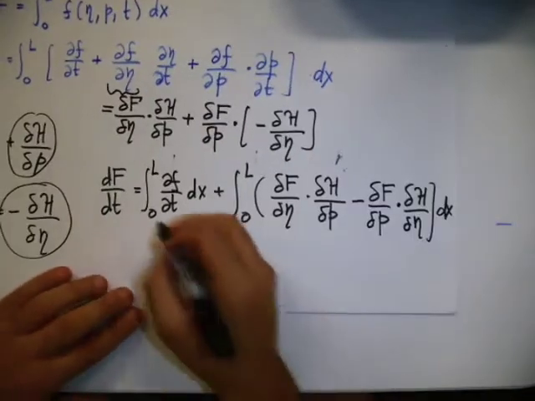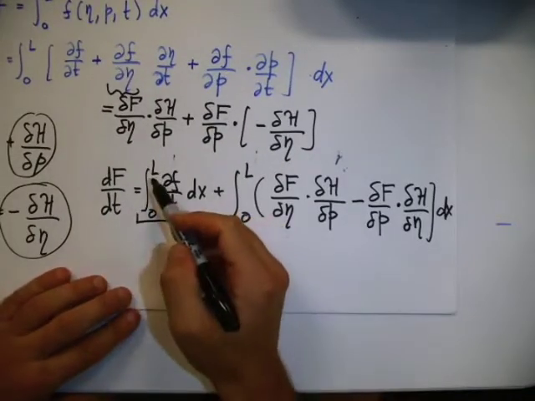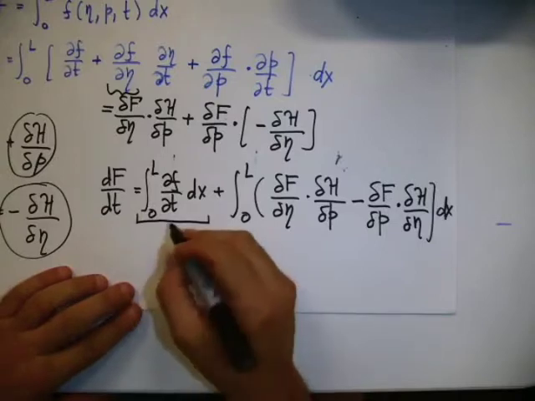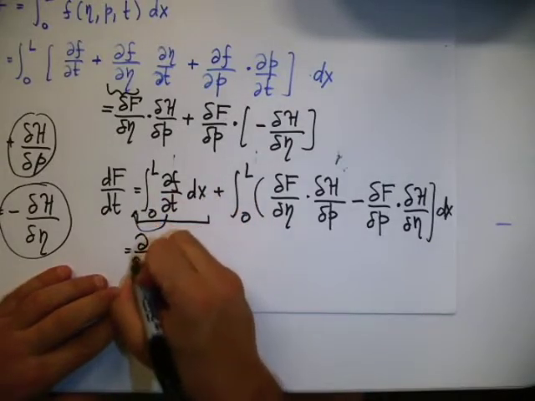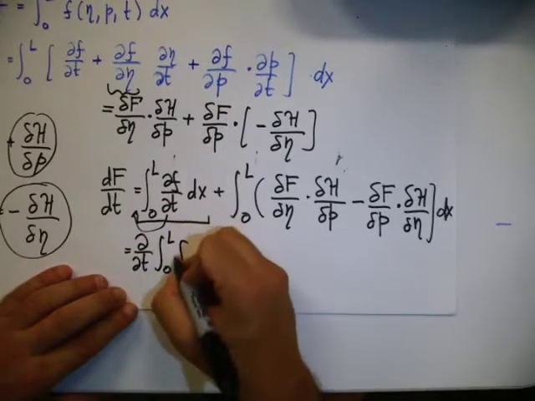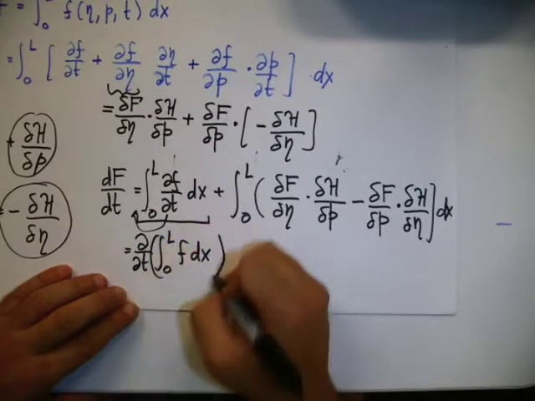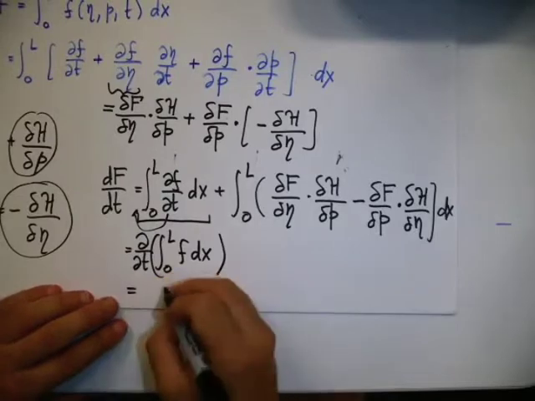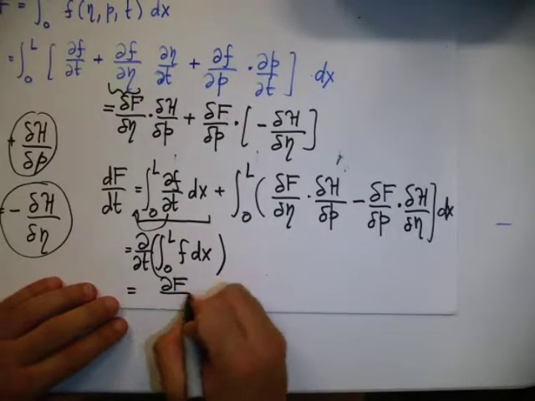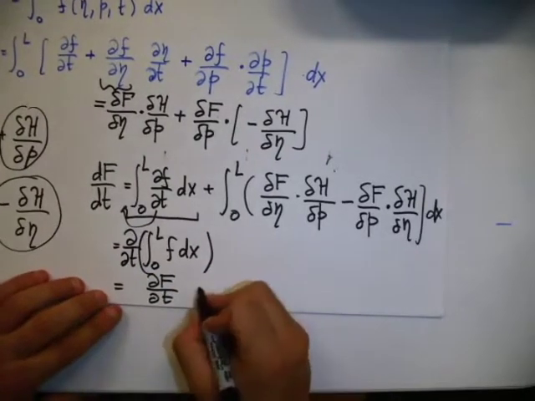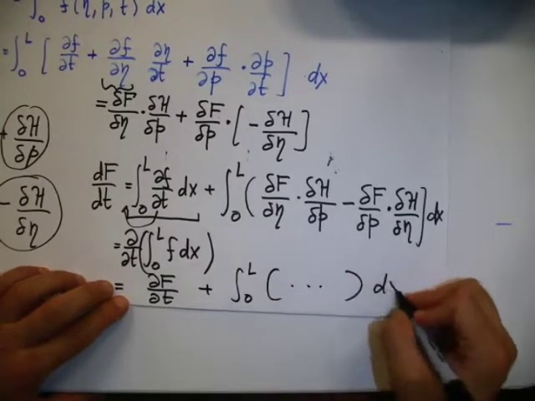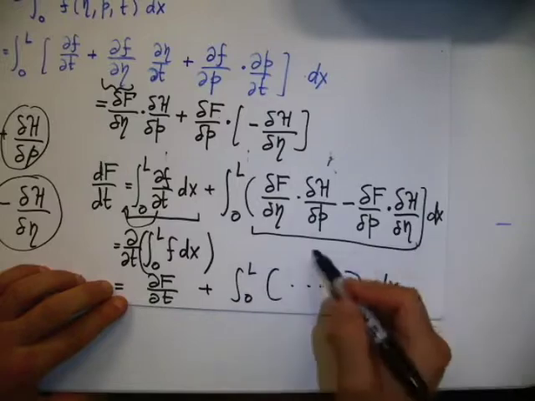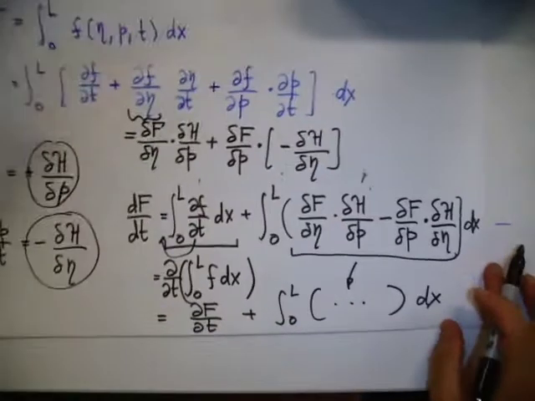But since the length is fixed, I can bring this derivative outside, and so this is equal to the partial with respect to t of the integral between 0 and L of f in delta x. But this is equal to the derivative of F with respect to time plus this integral.